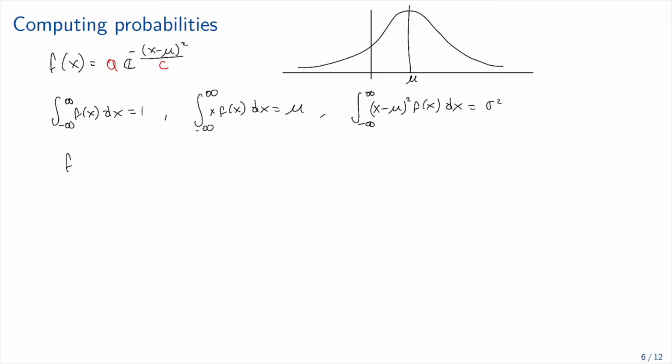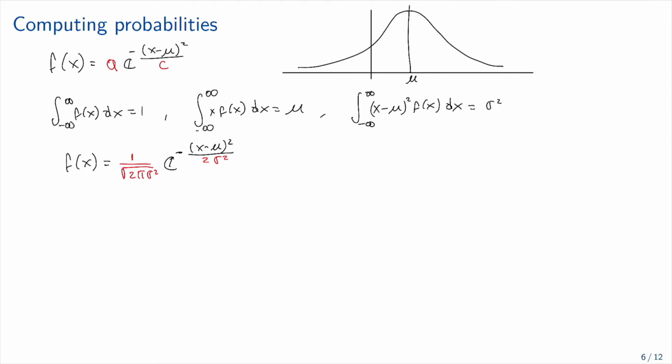So we have that f(x) is equal to, let me write it in red, 1 divided by the square root of 2 pi sigma squared, multiplied by e to the minus (x minus mu) squared divided by 2 sigma squared.